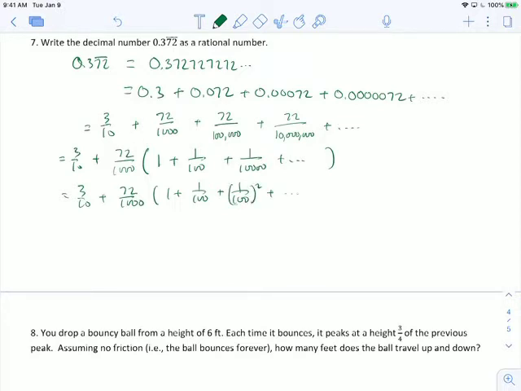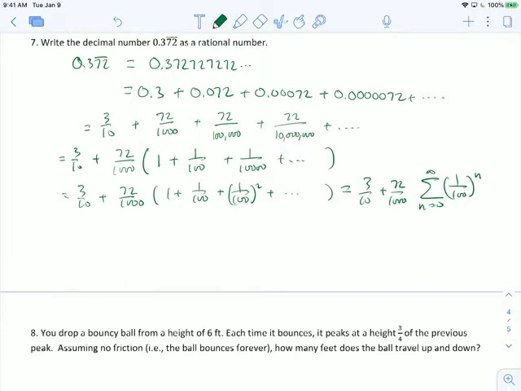And apparently the next one is going to be 1/100th cubed, and so on. And so what I see, hopefully, is that I've got a series here whose ratio r is 1/100th, and whose c value is 72 over 1,000.